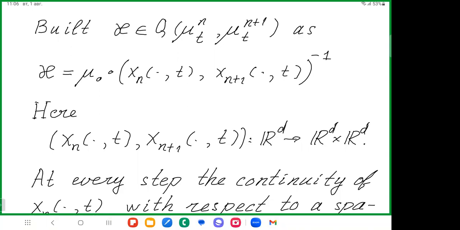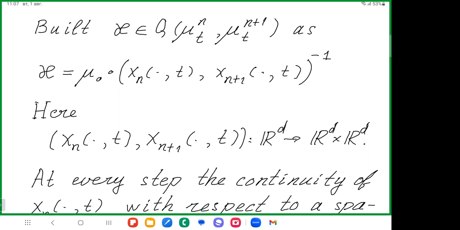Unfortunately, I use such a program. Maybe next time I will use another program to demonstrate slides. Now I cannot write here. But the idea is that, for example, suppose that xn and xn+1 are identities. Then you have a measure on the diagonal.